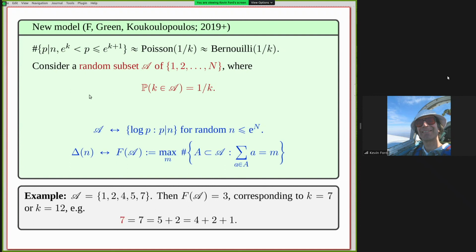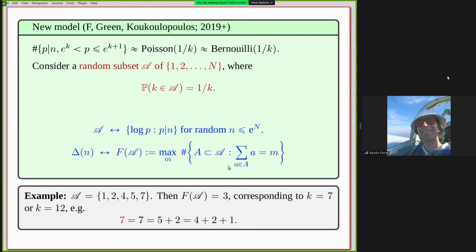So then the correspondence would be the set will correspond to the logarithms of the prime factors of a random integer. And then the delta function will correspond to a concentration function on the set A, which is simply the maximum concentration of the subset sums.